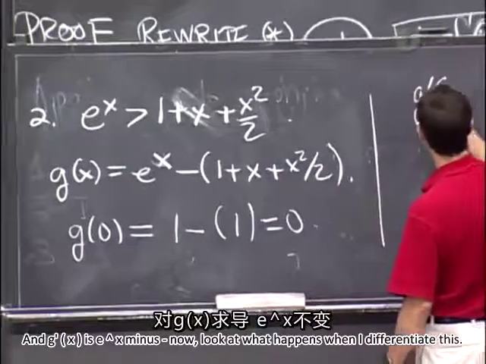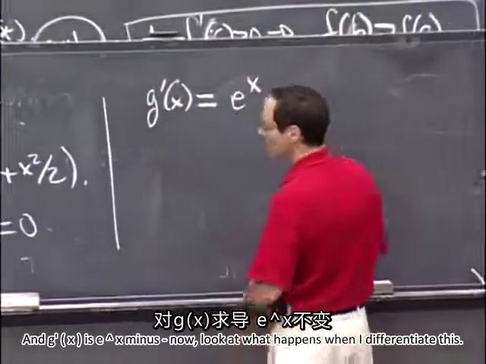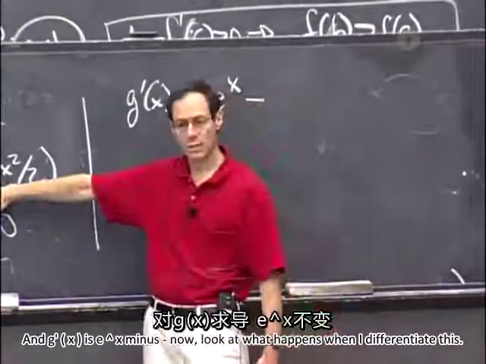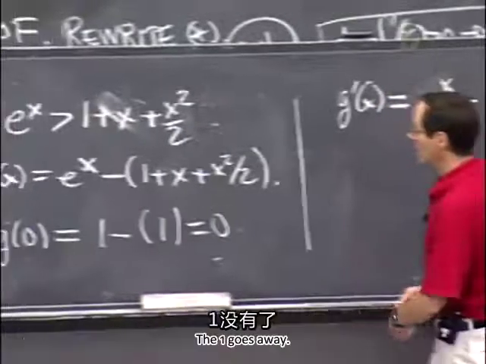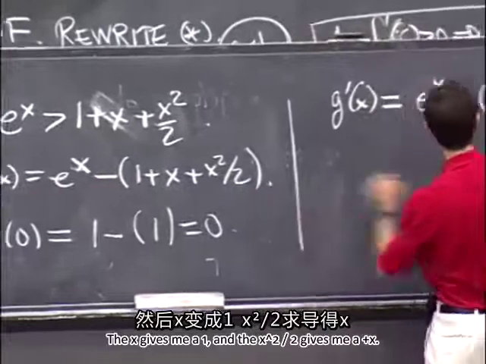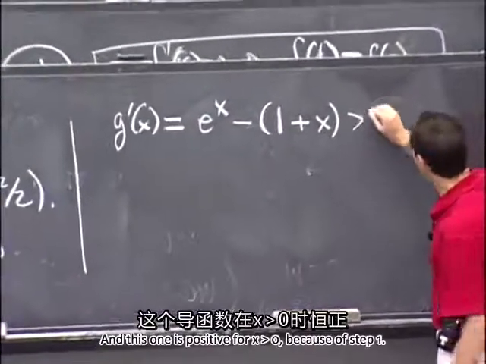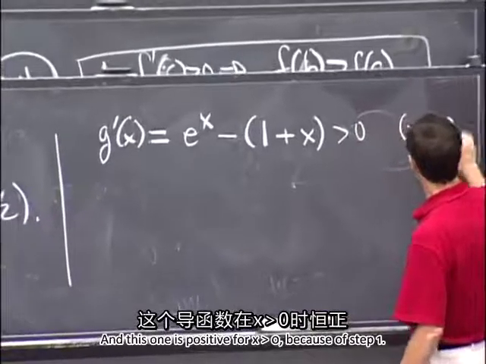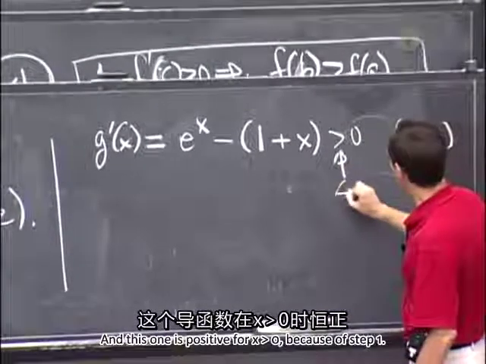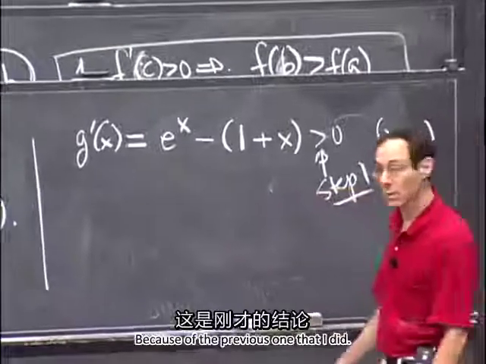And g'(x) is e^x minus, now look at what happens when I differentiate this. The 1 goes away, the x gives me a 1, and the x squared over 2 gives me a plus x. And this one is positive for x greater than 0 because of step 1, because of the previous one that I did.